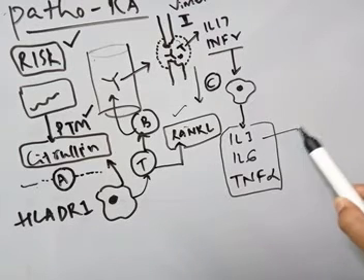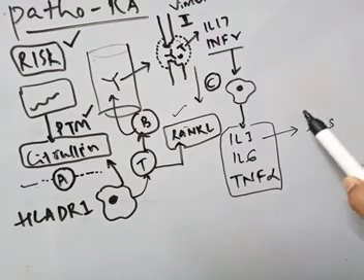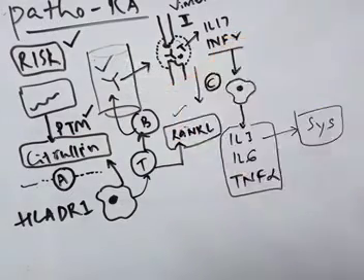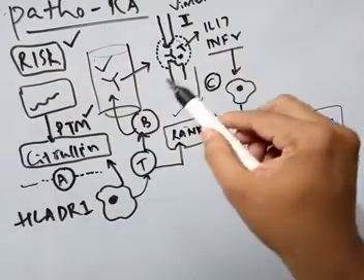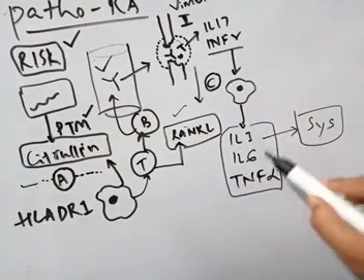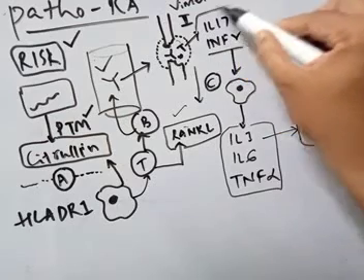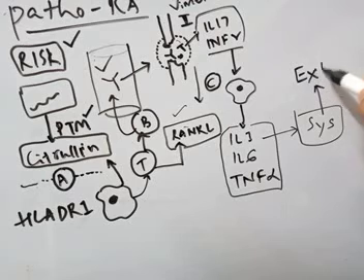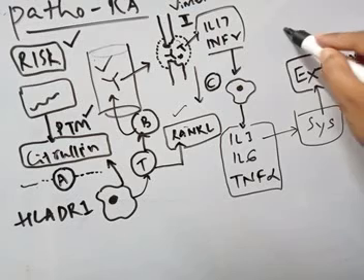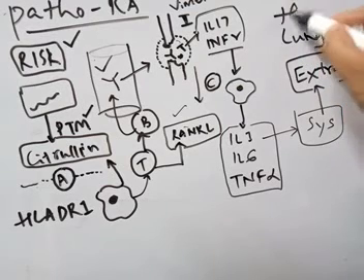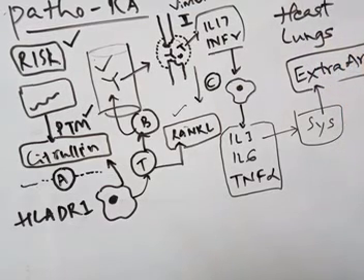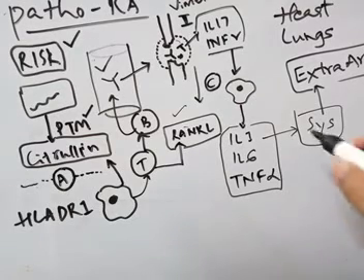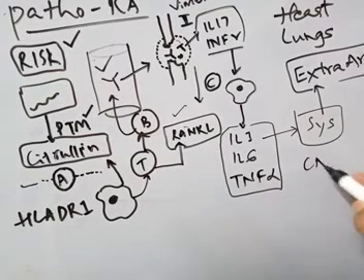These now enter the systemic circulation, that is here. This entry into systemic circulation continues, so there is a continuous source of interleukin 1, interleukin 6, and TNF alpha inside the systemic circulation, leading to extra-articular manifestations such as in the lungs, heart, etc. The only tissue spared by this is the CNS.